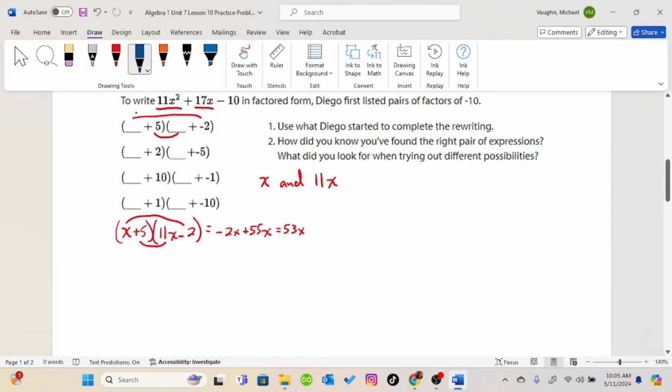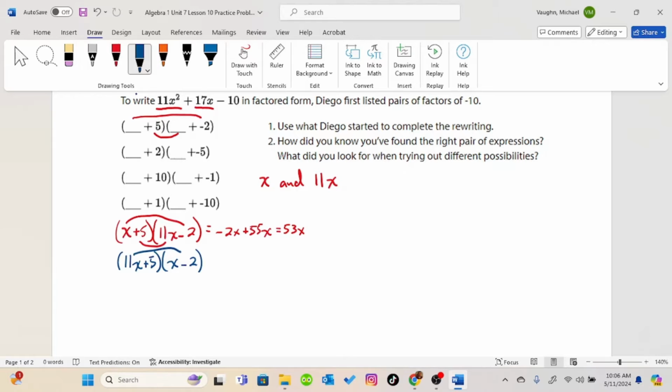The other one we could try would be 11x plus 5 times x minus 2.